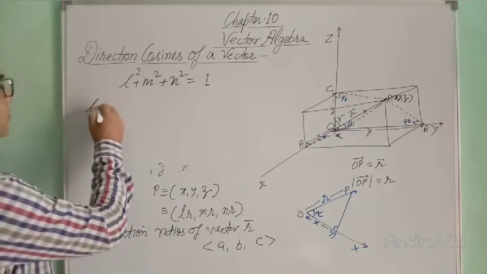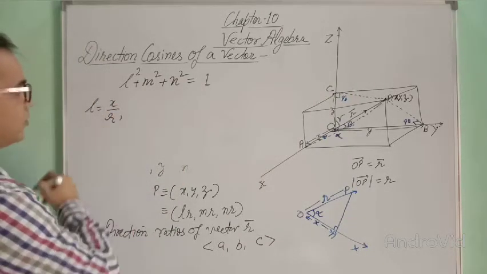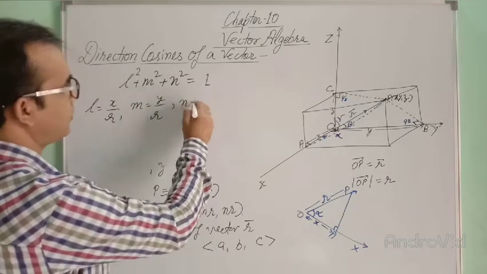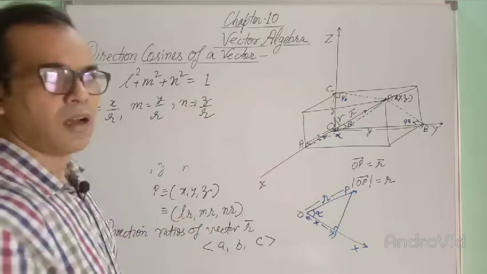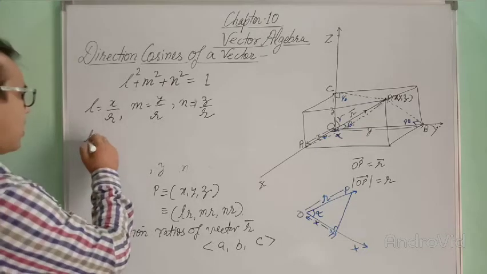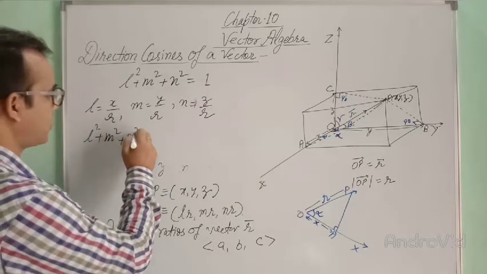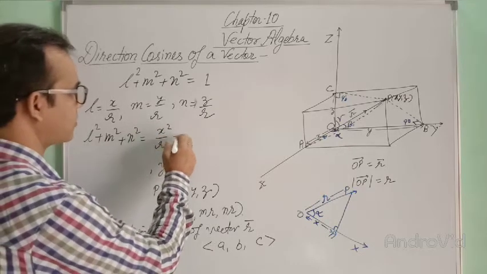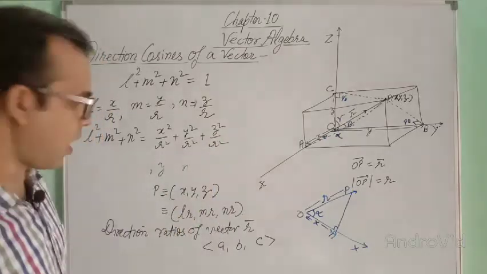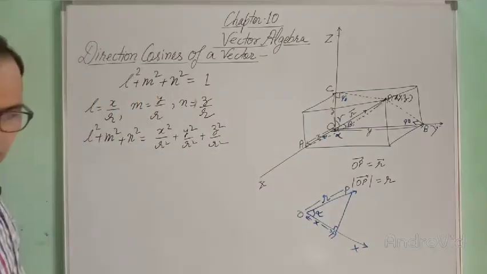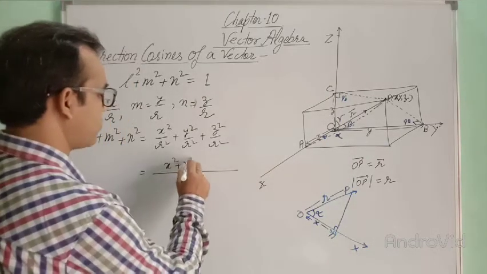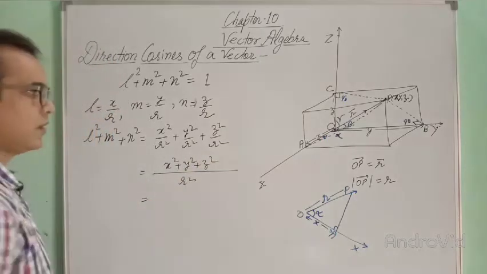L equal to X upon R, M equal to Y upon R, and N equal to Z upon R. Now L square plus M square plus N square means X square upon R square plus Y square upon R square plus Z square upon R square. So if we take LCM R square, we get X square plus Y square plus Z square.